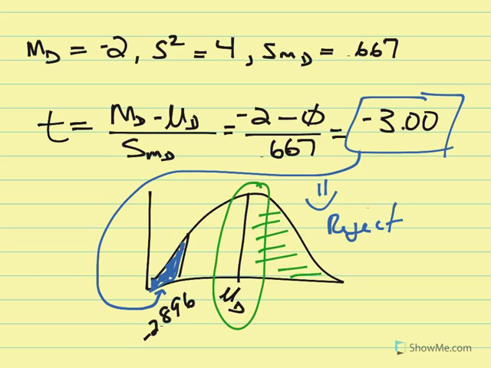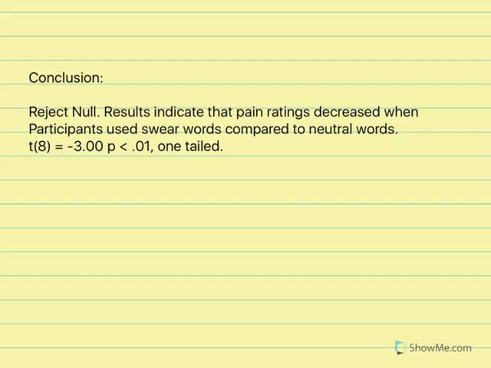So now we'll write our concluding statement using the statistics that we just calculated for this one-tailed hypothesis test. The conclusion for this particular test would be written in this format. We reject the null. Results indicate that pain ratings decrease when participants use swear words compared to neutral words.